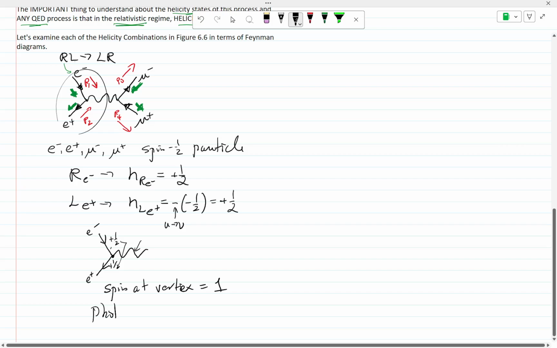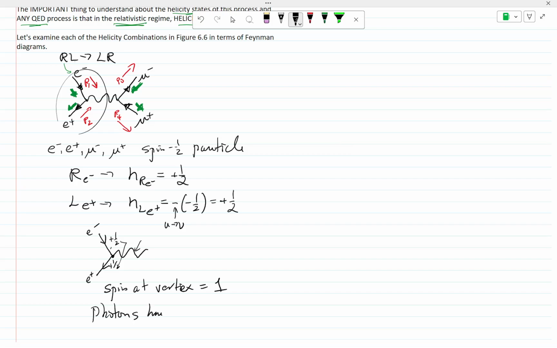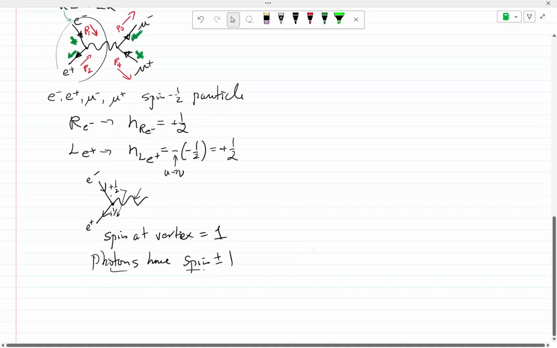And luckily, photons have either spin plus or minus 1. Remember, since the photon is massless, the spin 0 state is not possible.